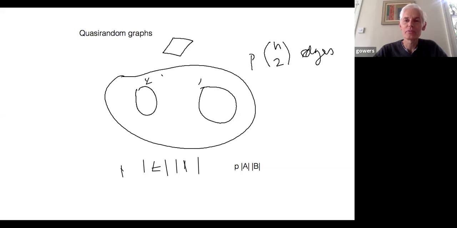So that's another completely different condition, which actually also turns out to imply that the graph contains roughly the right number of copies of every small subgraph. But there are several other properties as well. So basically, there are a number of different properties that you get with high probability when you pick a graph at random. And it turns out that a lot of those are approximately equivalent to each other.